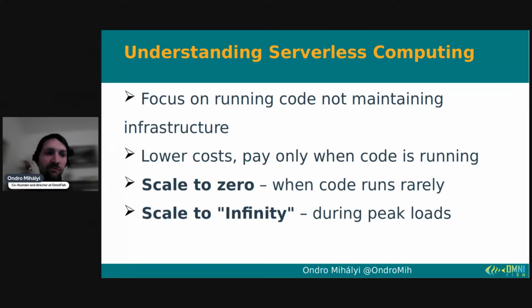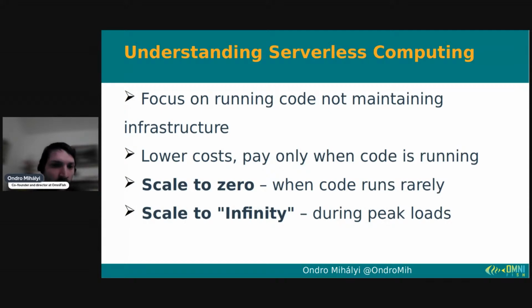It's not real infinity, there's always a limit, but in practice you rarely get even close to it. It can go to thousands of parallel executions of a single function. And if you have multiple functions running, each one can scale up to thousands of invocations in parallel.